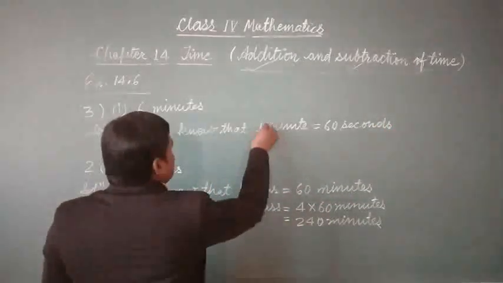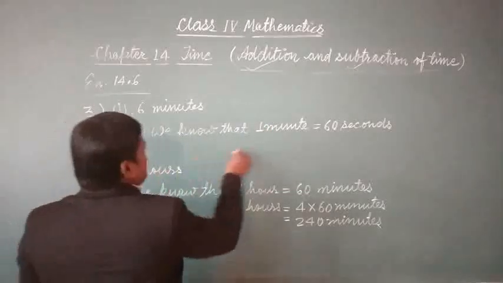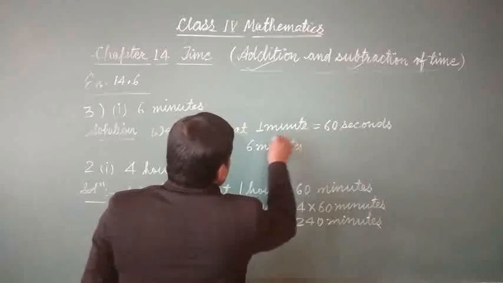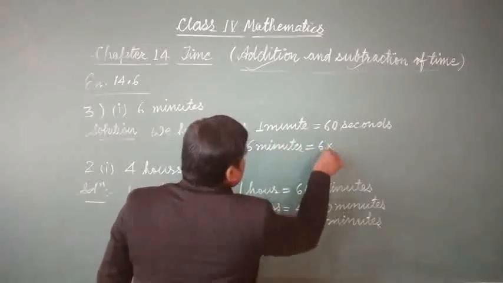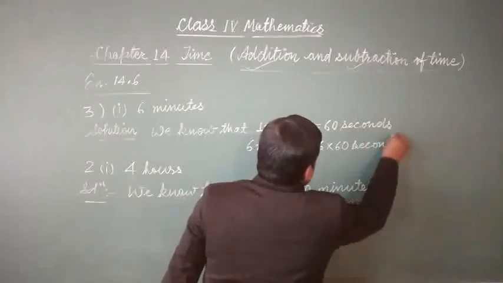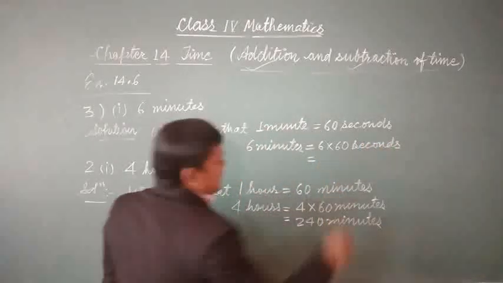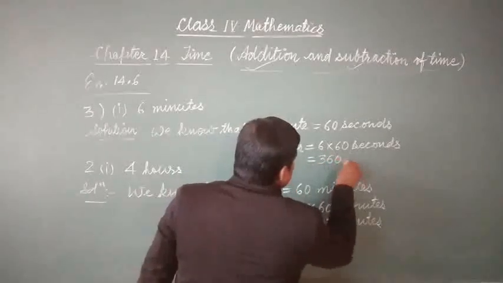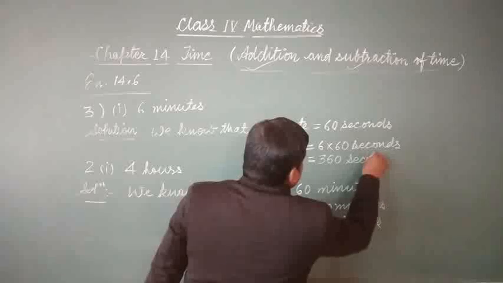So the question is here 6 minutes. So 6 into 60 seconds. It will come 6 6 36, 360 seconds.